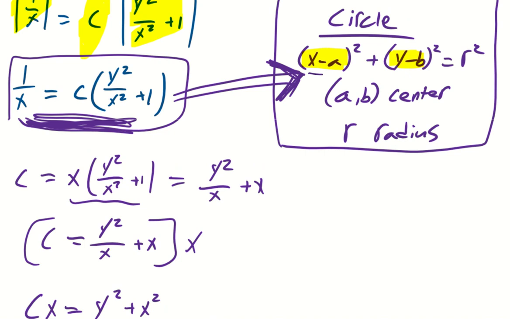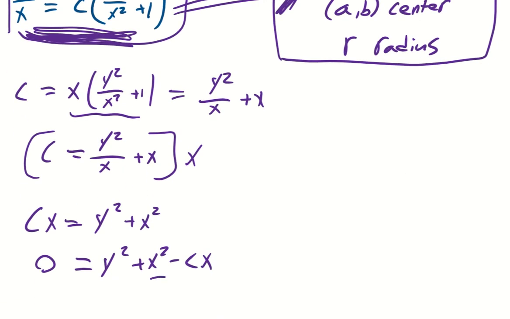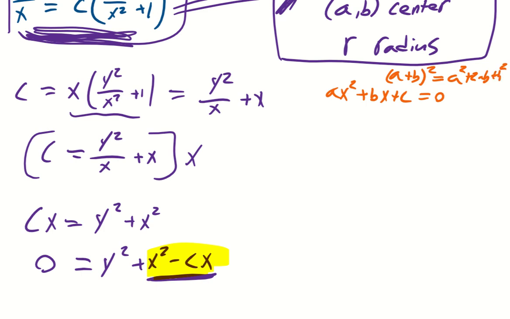Again, we want some x quantity squared. We don't have that right now, so we're going to have to complete the square. Okay, this is a quadratic. As you know, if we have something like ax squared plus bx plus c is equal to 0, we also know that the quantity a plus b, squared, is a squared plus 2ab plus b squared.